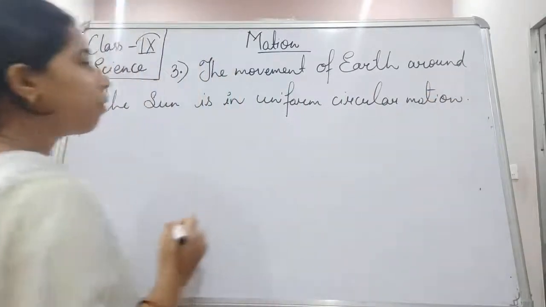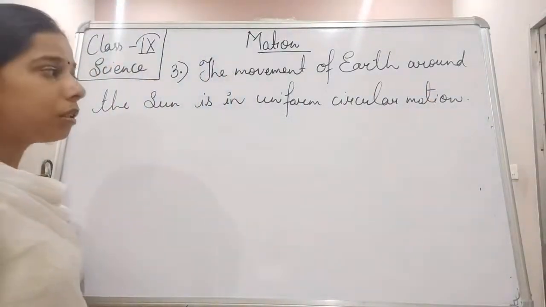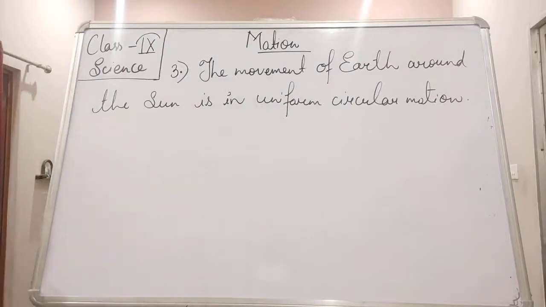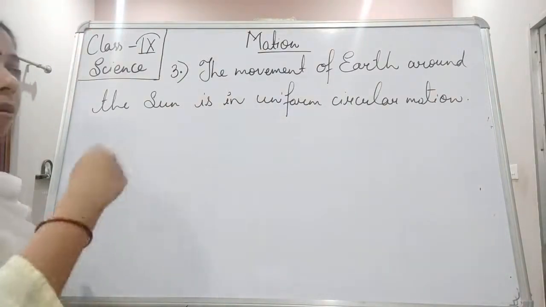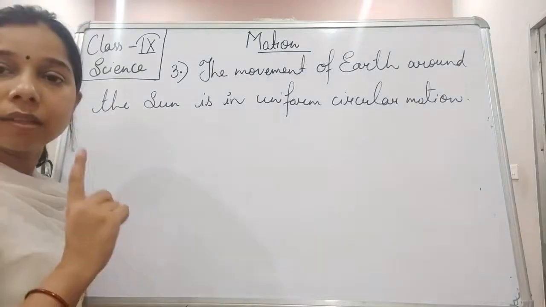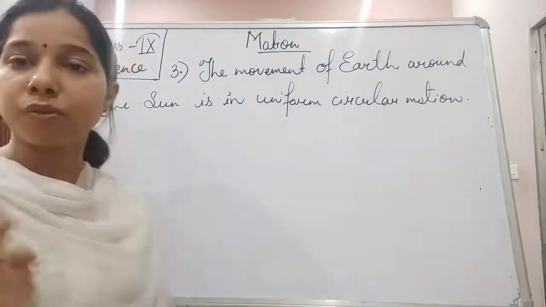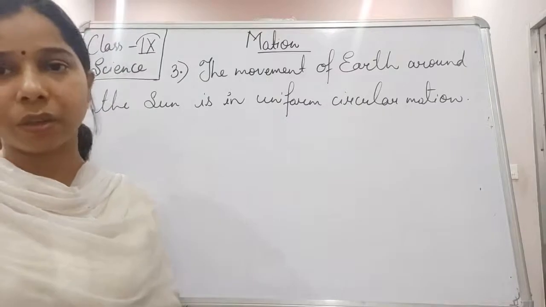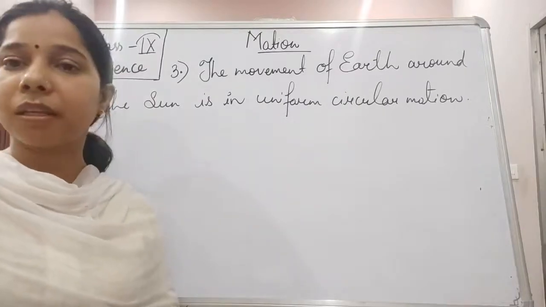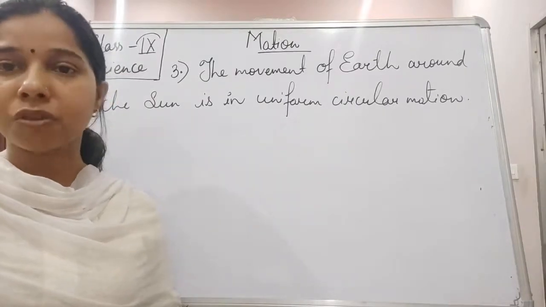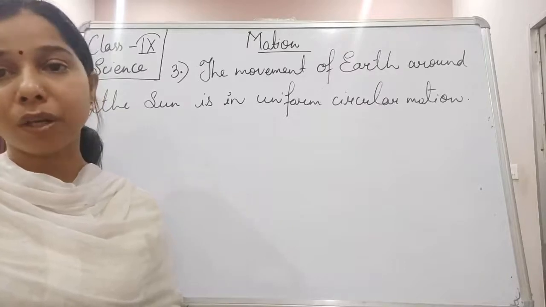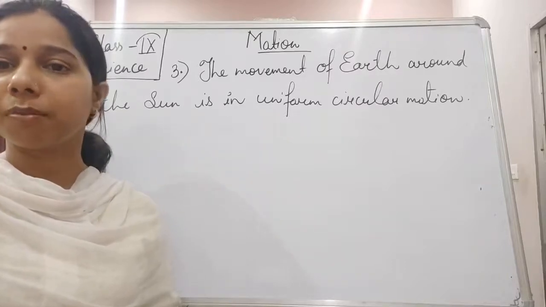Since the earth is already revolving around the sun, showing revolution, ultimately there should be an acceleration, students, and we will include it in uniform circular motion.